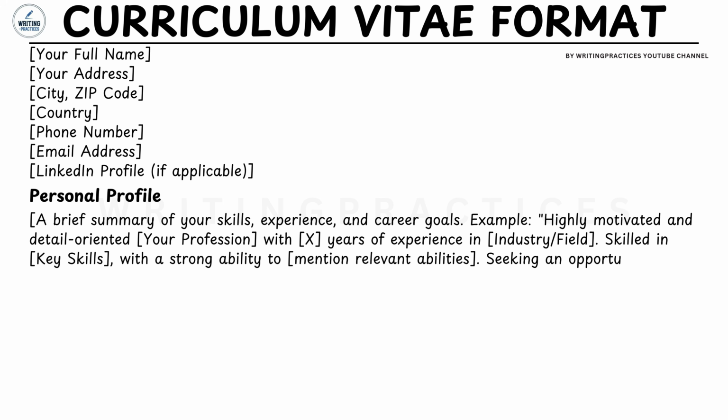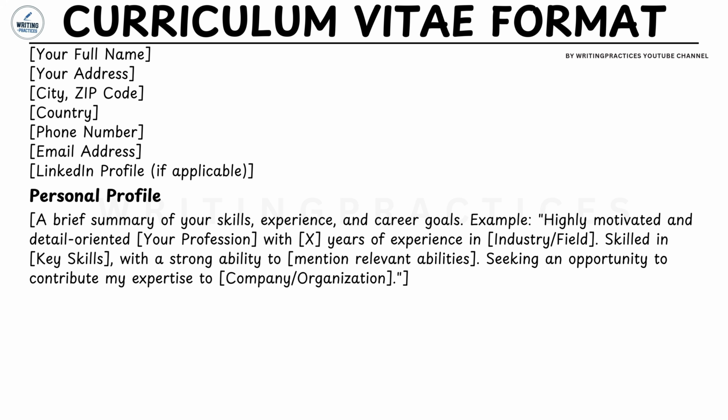Skilled in SEO, content marketing, and social media engagement, with a strong ability to develop successful campaigns. Seeking an opportunity to contribute my expertise to a dynamic marketing team. This section is important because it provides a snapshot of who you are and what you bring to the table. Keep it clear, relevant, and tailored to the job or field you're applying for.